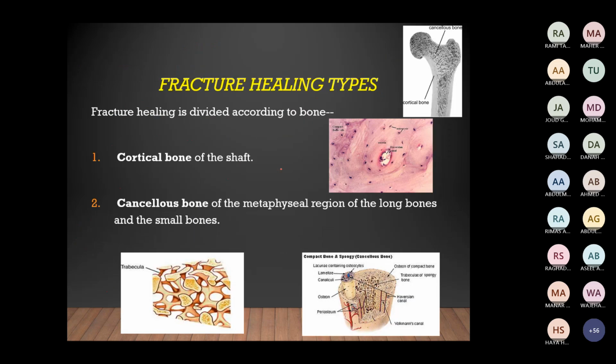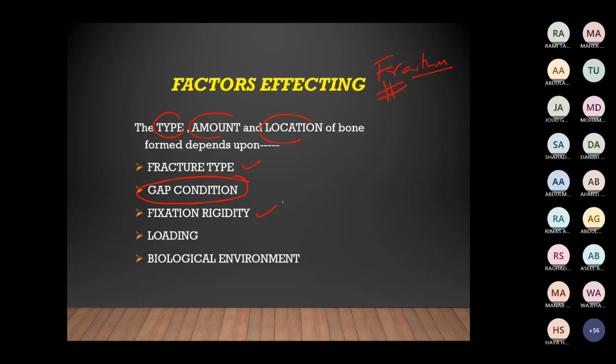A fracture type. Then the fixation rigidity. Are the bone fragments fixed properly, or is there malunion? All these factors will affect the bone healing. Inshallah, we'll read this, and a lot of MCQs will come in the examination. Fixation rigidity. If you go to a proper orthopedic surgeon, he will fix properly. If you go to a quack, he will not fix properly.